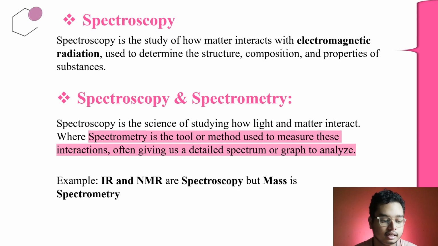By conducting empirical study of how matter interacts with light, we determine the structure, composition, and properties of a substance. Okay, so this is the broad or simplest definition of spectroscopy.